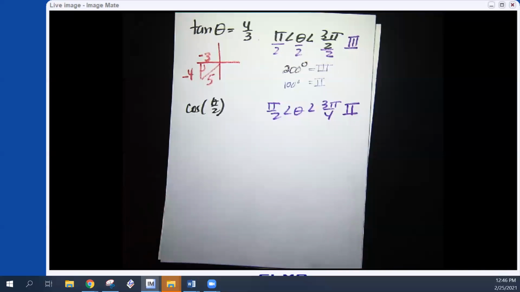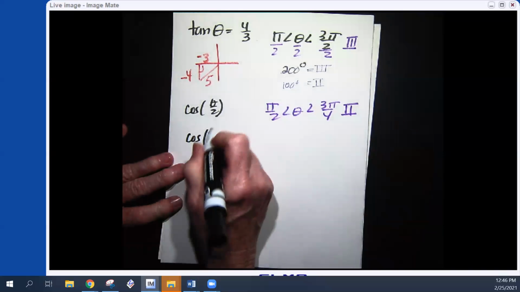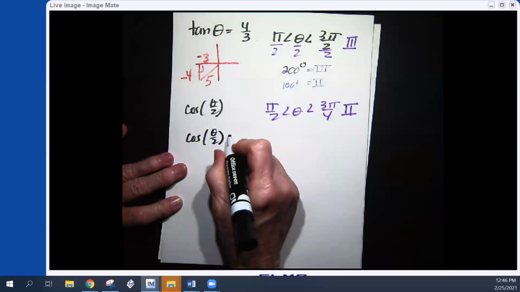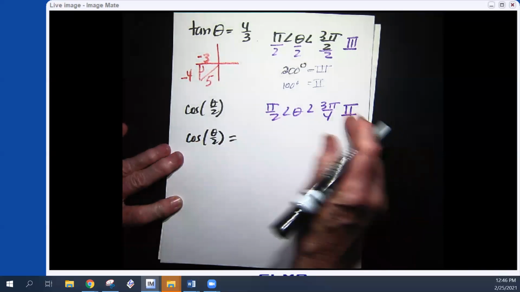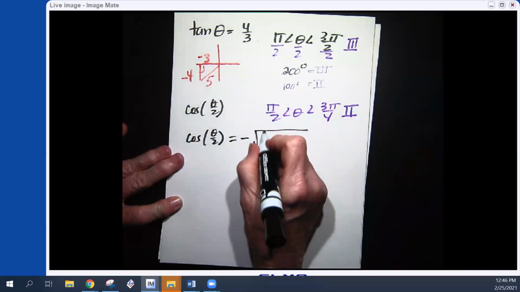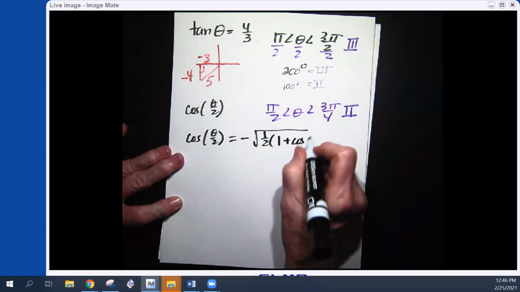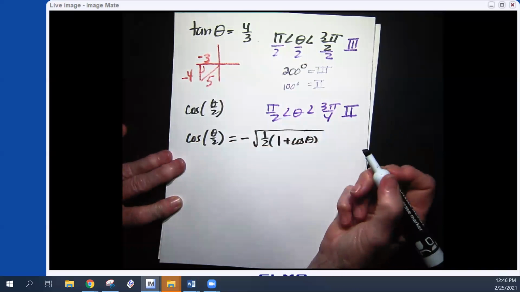All right, so now that we know this, then I can say, okay, the cosine of this angle is going to be in quadrant 2, cosine is negative, square root of 1/2 times 1 plus the cosine of my original angle.